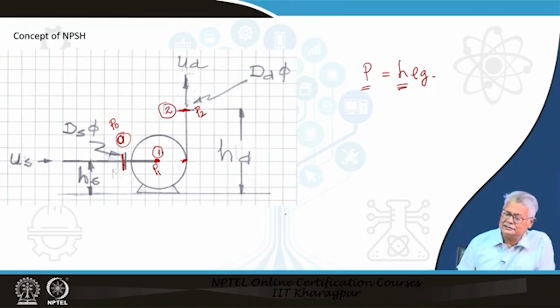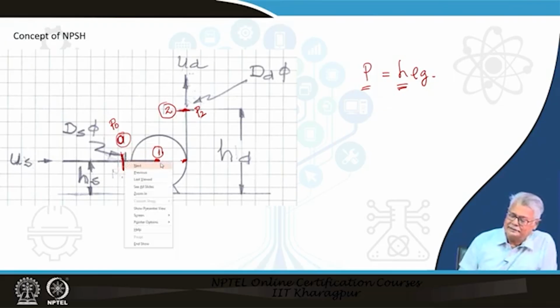Now, let us see a few things. If you have a supply pressure, there will be one particular pressure P0 at the suction flange. Which is the expected minimum pressure here?